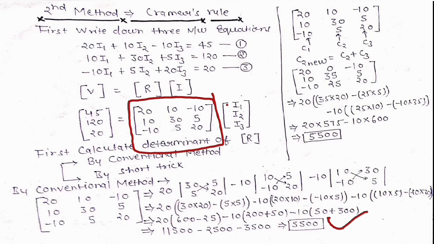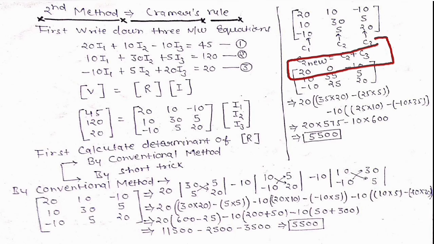Here we see this is also a conventional method, but here we see 10 and minus 10. Due to this, we can use the column method or row method, the reduction of determinants method, through which we make this matrix easier.